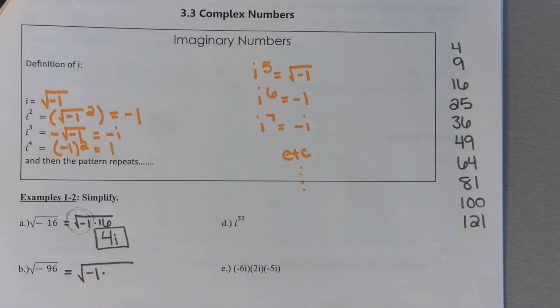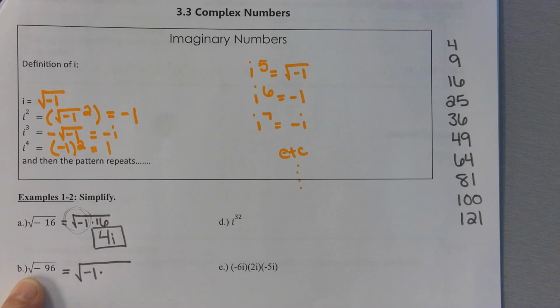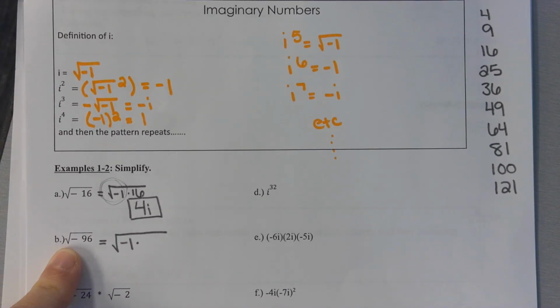I could keep going with 13 squared and 14 squared and so on. So my question becomes, 96 isn't on the list, but can any of these divide into 96 evenly? So I can at least simplify and make the number under the root smaller.